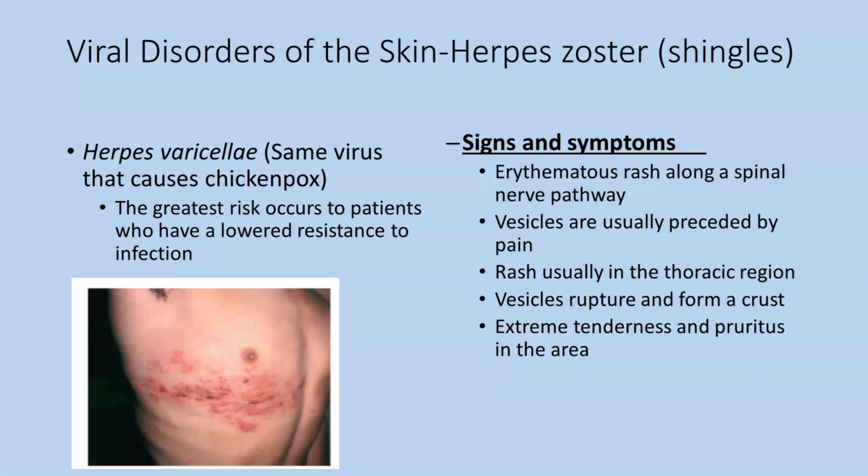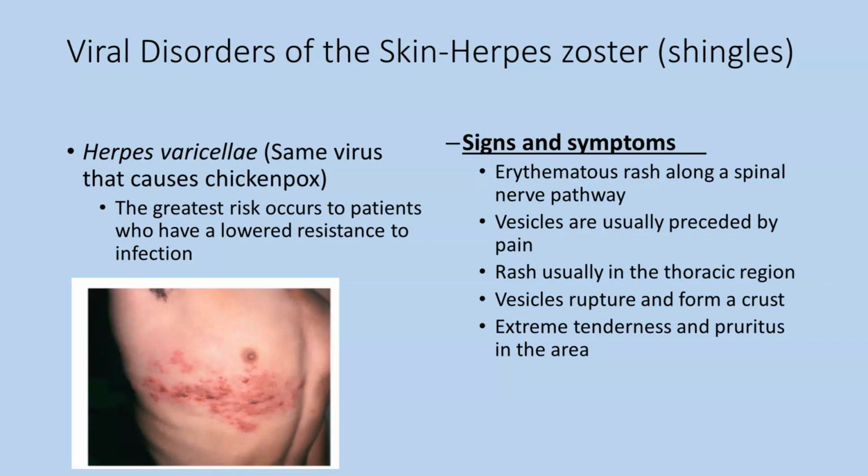Herpes varicella. So this is herpes zoster, the shingles. Unfortunately, anybody can get this. There is a shingles vaccination, so if you have anything about promoting vaccination status for this, you can. The greatest risk is to those clients who are already immunocompromised. It's going to be painful.